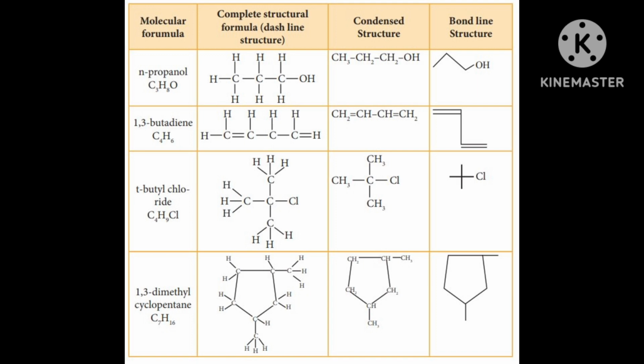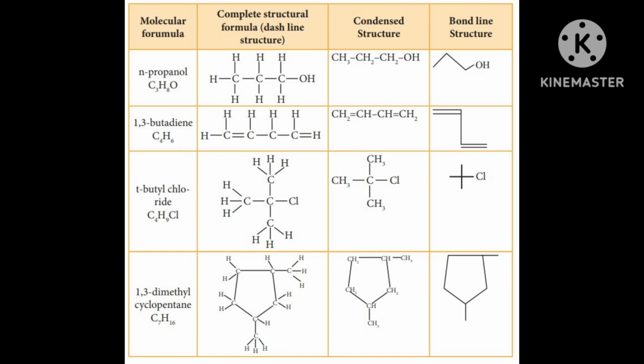Now, if you want to write chlorocyclohexane, then anywhere you remove one hydrogen and in its place add one Cl. Everywhere there is CH2, 6 points means 6 CH2.